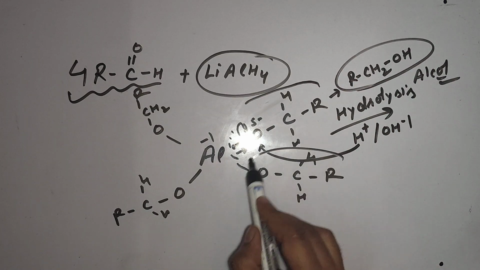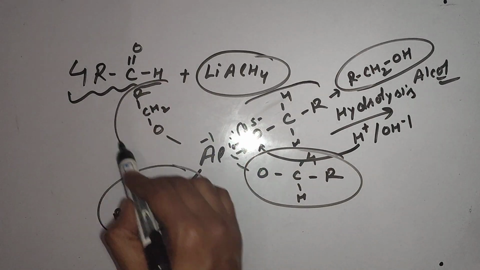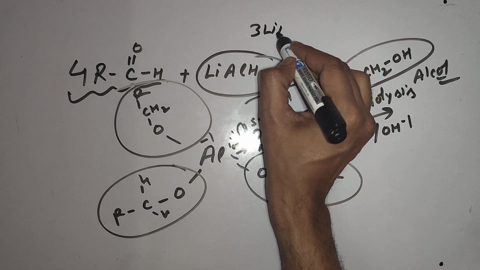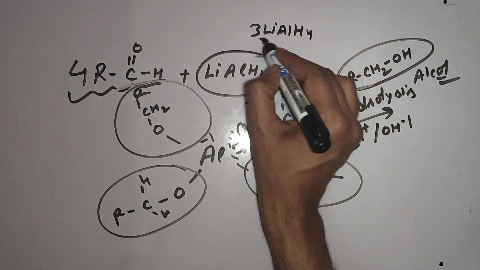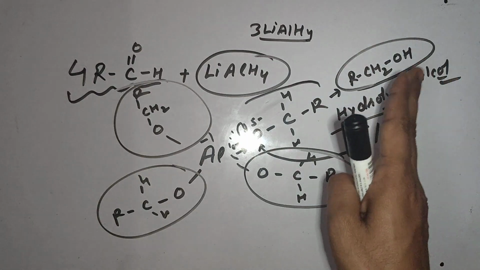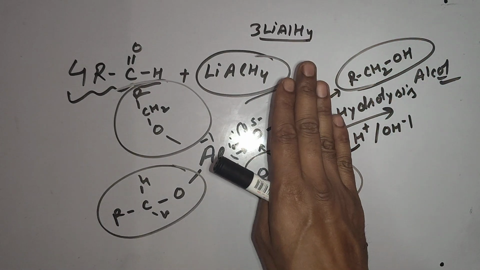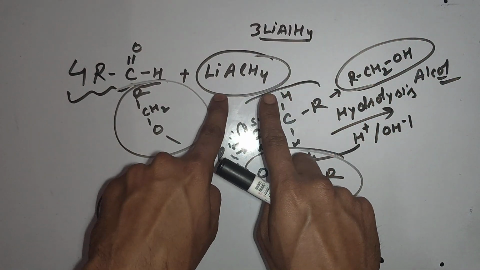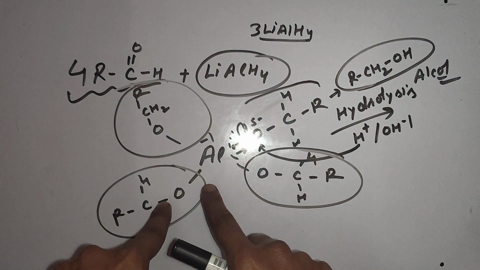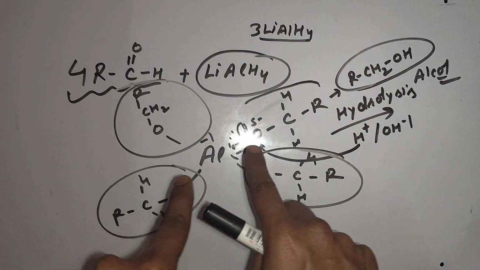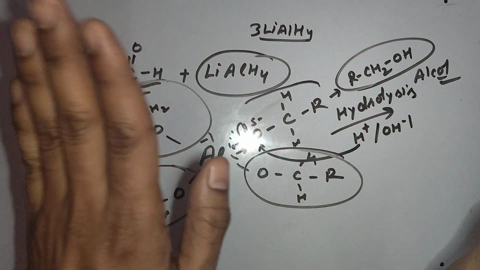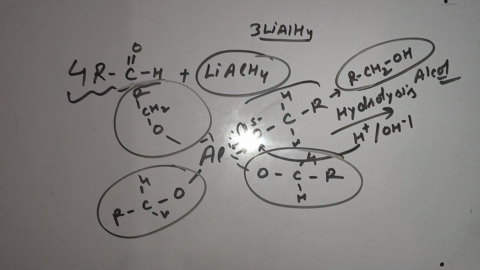So in this fashion, 4 alcohol particles will generate out from here. So out of 3 lithium aluminium hydride, 2 we have used to convert 4 carboxylic particles into 4 aldehydic particles, and the third lithium aluminium hydride was used to convert those 4 aldehydic particles into this one, metal alkoxide, and then on hydrolysis we will get how many alcohol particles? 4 alcoholic particles, 1 degree alcohol.